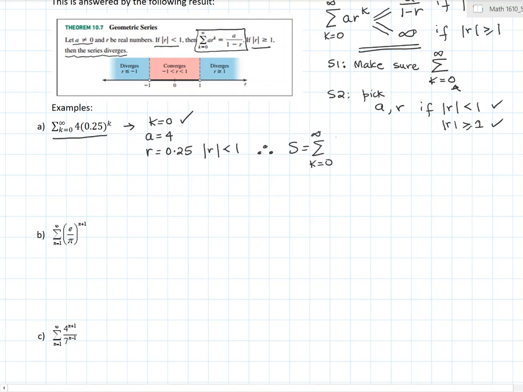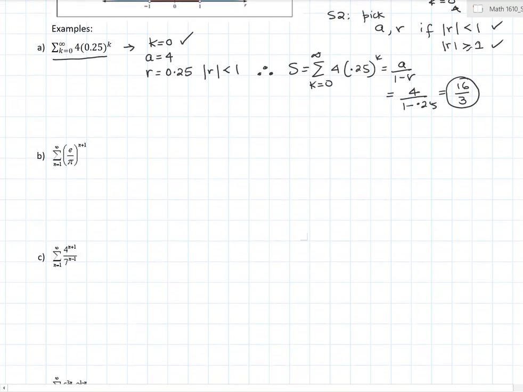The sum of this series is simply a over 1 minus r, which is simple arithmetic. 4 over 1 minus 0.25, which would turn out to be 4 over 0.75, which is 16 over 3. So these are the simple steps.